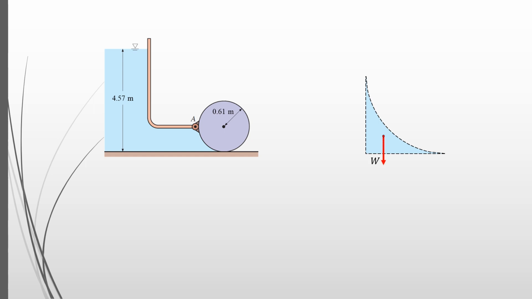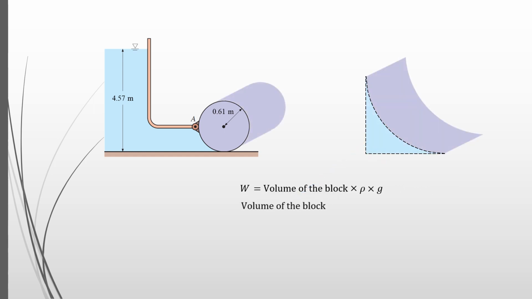Firstly, the weight of the fluid block, which is the product of its volume with the mass density ρ and the gravitational acceleration g. The volume of the block is this area times the width of the gate.